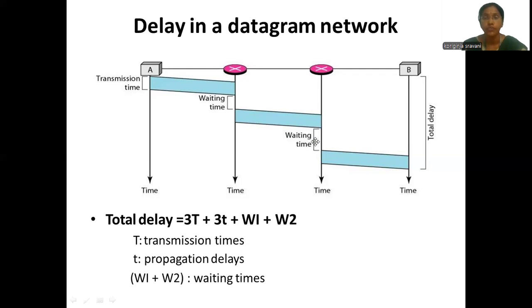Then again here also we have some waiting time until the switch is released from the other transmission. Then here we can call it 3 transmission times, 3 propagation delays and 2 waiting times. So this is the complete delay of a datagram network, which is less than circuit switching.